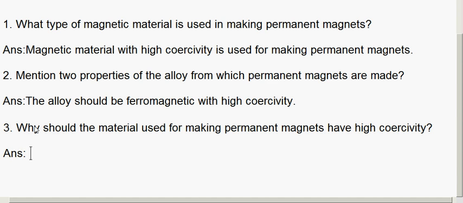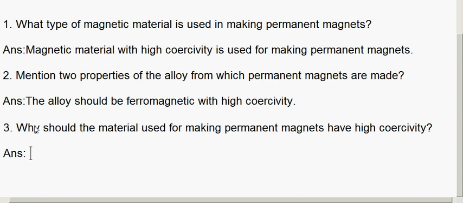It should have high coercivity so that it will not easily lose its magnetization, because these permanent magnets are the magnets which should have its magnetizing property for a longer period of time. That is why we should have high coercivity, which means that it will not easily lose its magnetism property.